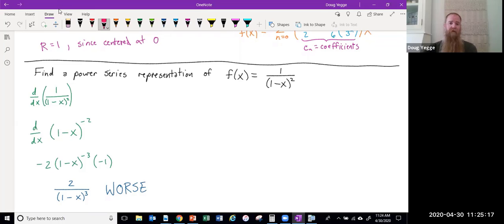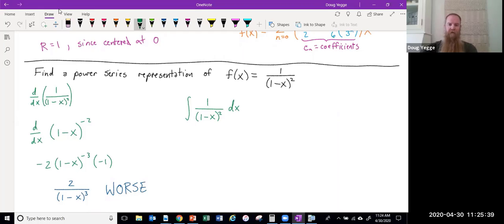So why don't we look at it in another way and say, what if we were to find the integral of 1 over 1 minus x squared dx?